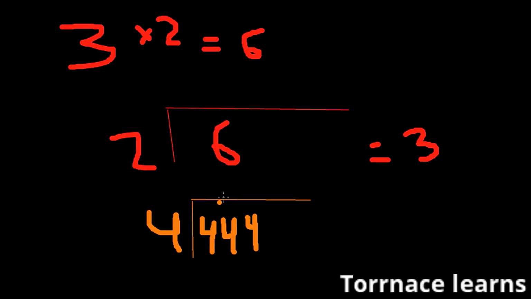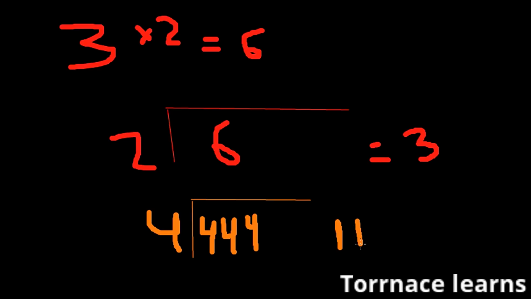So this first digit, the hundreds digit, whoops, that was fast. Sorry, don't worry about it. So 4 times 1 equals 4. Now we have 1 for the tens digit, and 4 times 1 also equals 4.